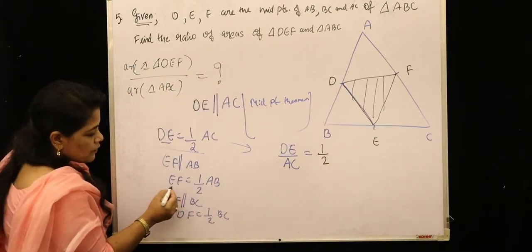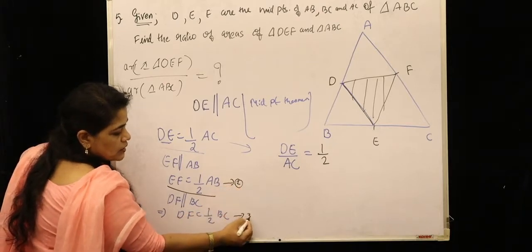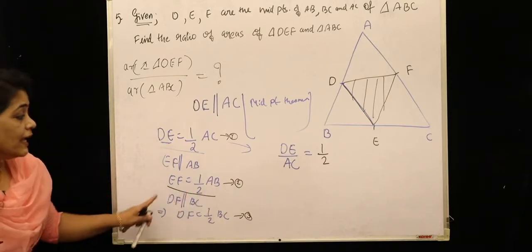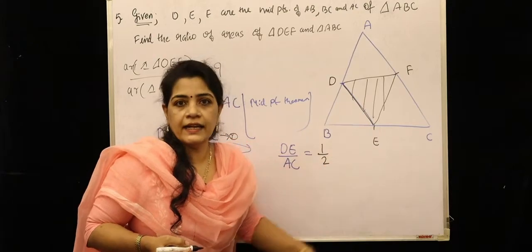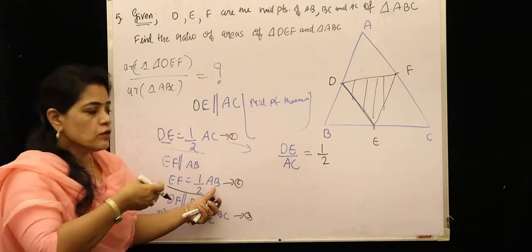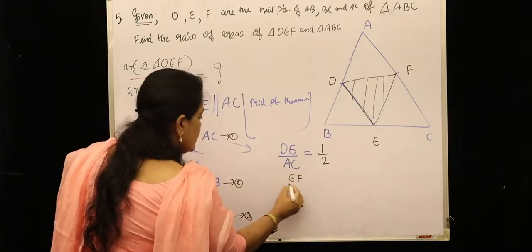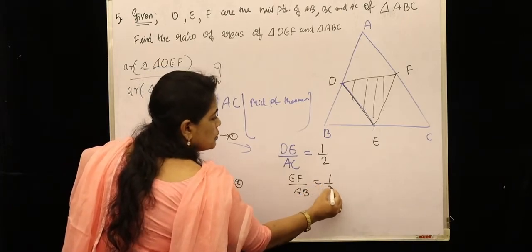From the second equation, EF is the side of triangle DEF and AB is the side of the big triangle, so EF divided by AB equals 1 by 2.